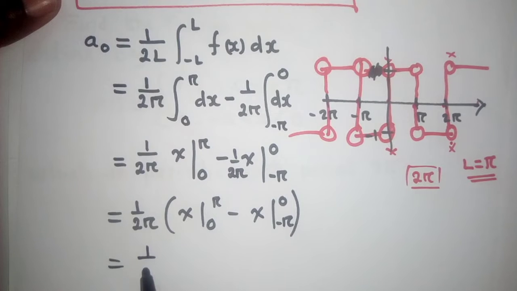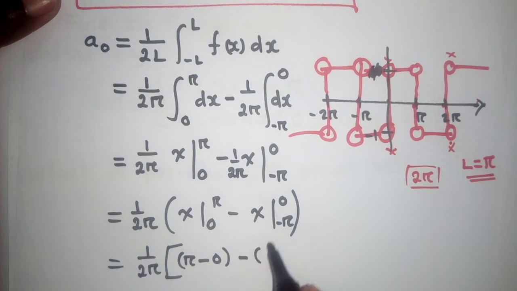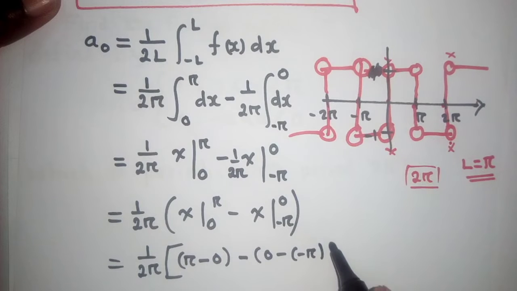At this point, we can plug in the limits. So we have pi, minus 0, minus, here we have a 0 minus negative pi.